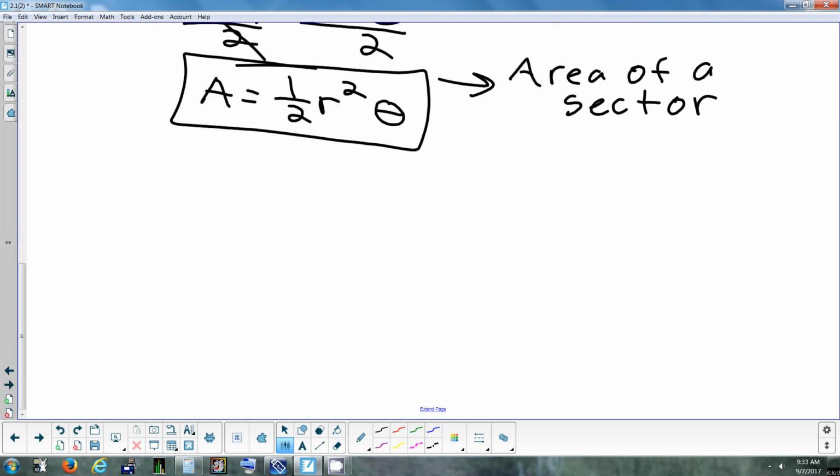Okay, we'll just go through the variables, make sure we know what they stand for. What do you think A stands for? Area. What's R stand for? Radius.